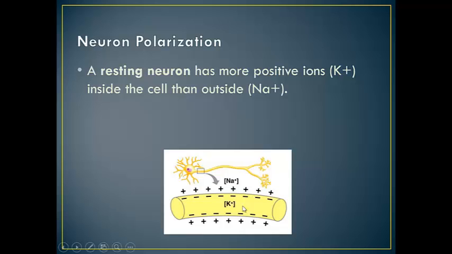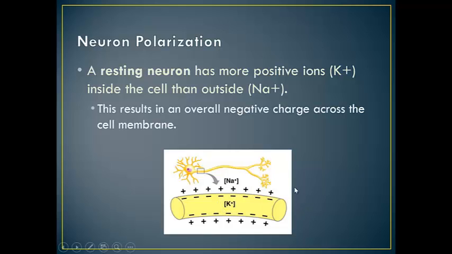So we start out with negative on the inside, positive on the outside. The actual negative rating is about negative 70 millivolts. So that's what the inside is at. It's at a resting of negative 70 millivolts. Now, this results, like I said, in an overall negative charge across that cell membrane on the inside.